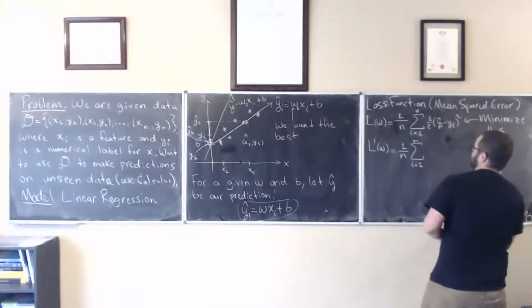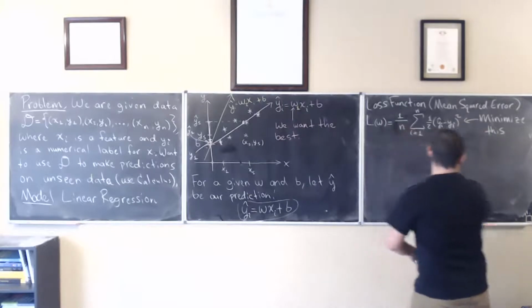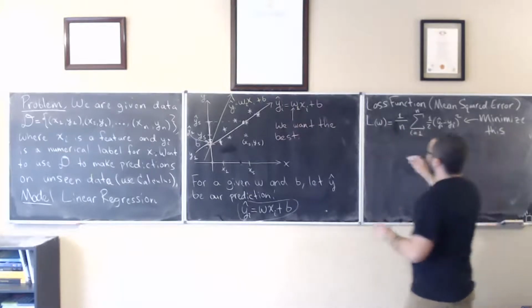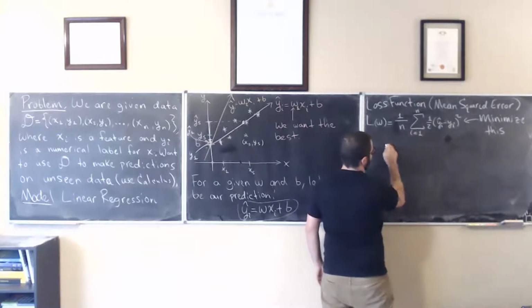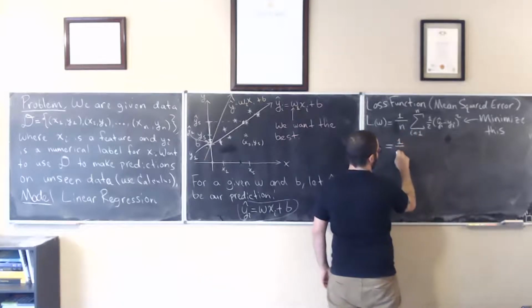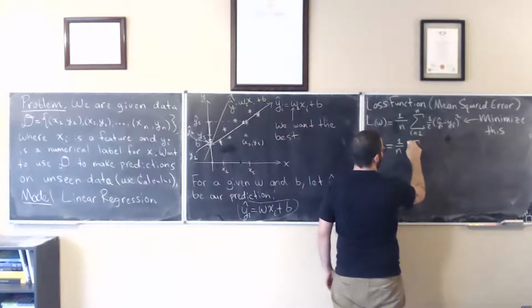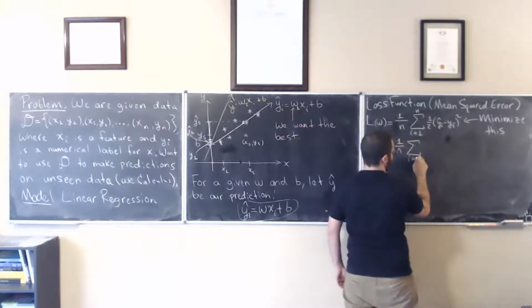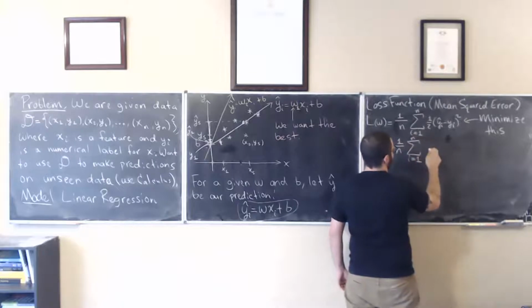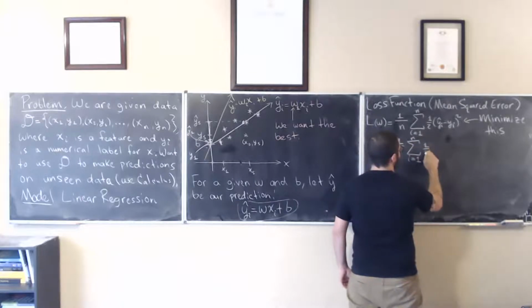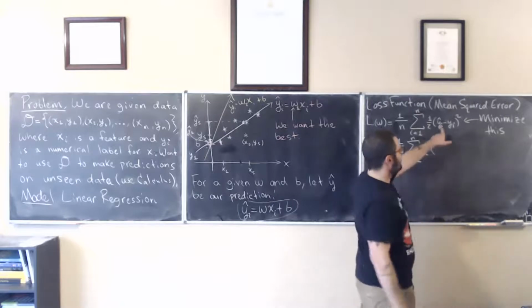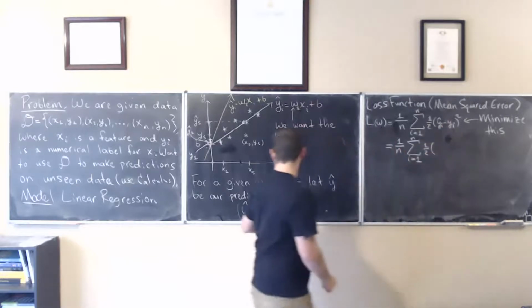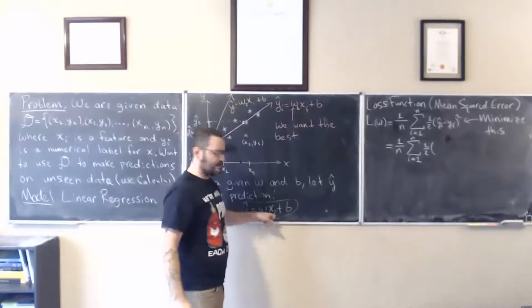I'm going to rewrite this loss as follows. So the loss is going to be the same as saying, so y hat is really our weight times x plus b.